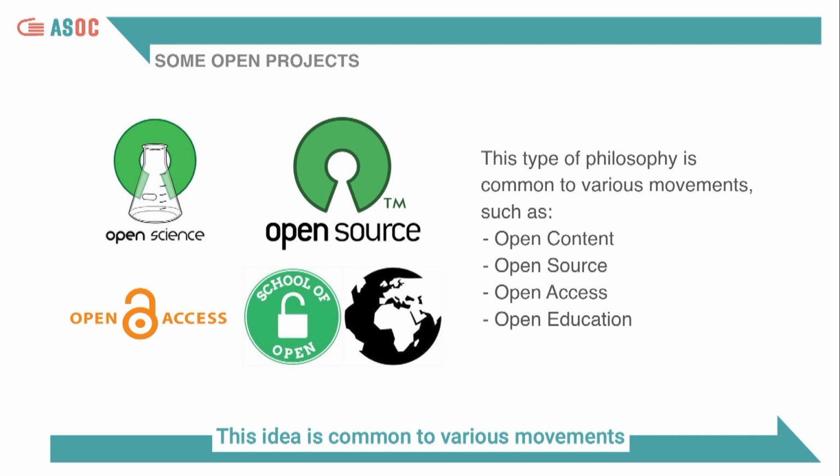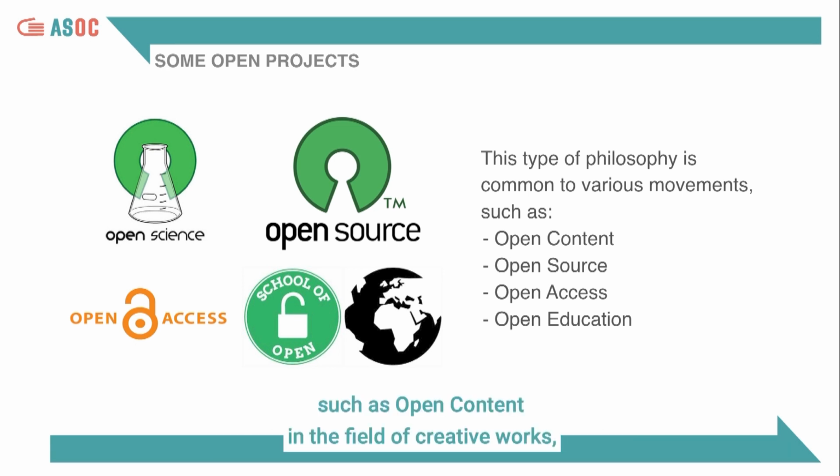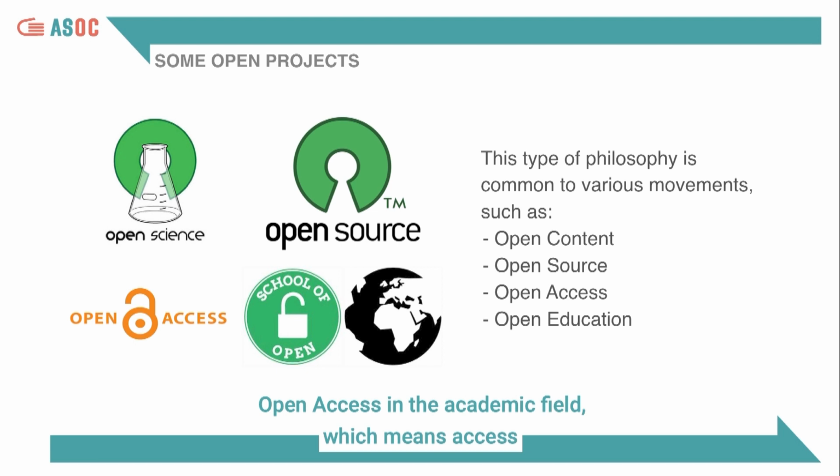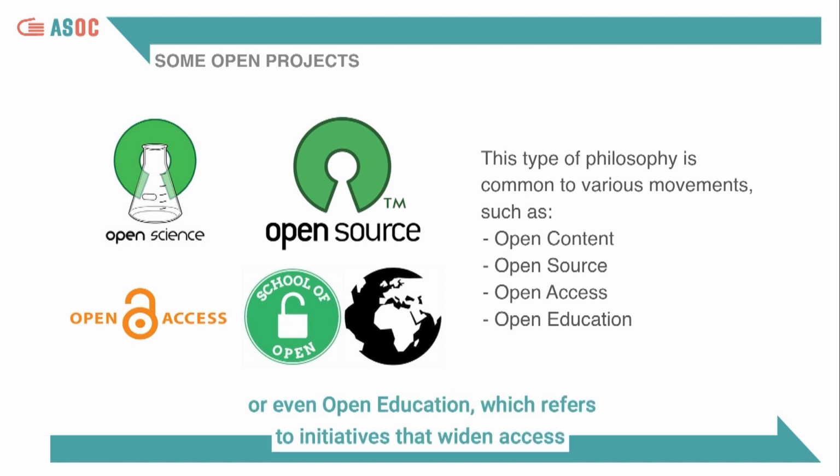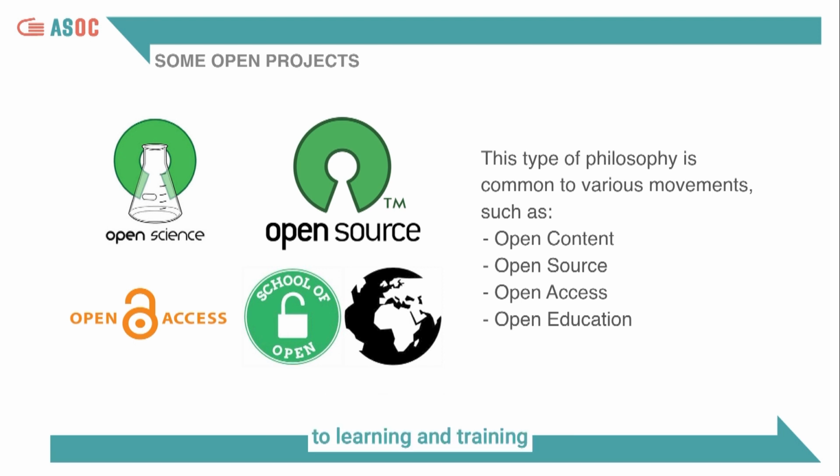This idea is common amongst various movements, such as open content in the field of creative works, including open source software, open access in the academic field, which means access to scientific articles without restrictions and for free, or even open education, meaning those initiatives that widen access to learning and training traditionally offered through formal education systems.